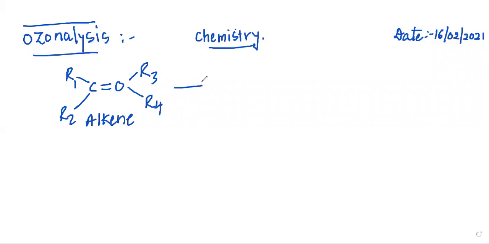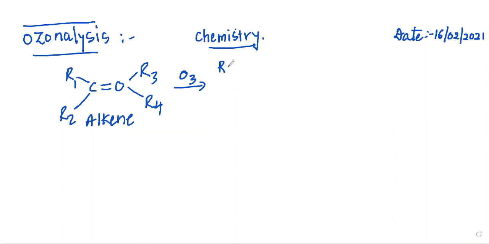We allow it to react with ozone. This ozone is actually a triatomic molecule. This triatomic molecule, known as ozone, reacts with this and gives us the triozonide or ozonide.